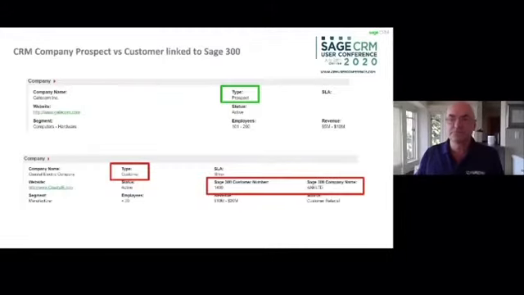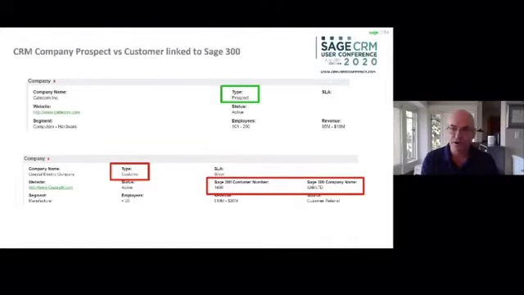First of all, real nice and simple, when you're in Sage CRM, it's very easy to tell if you have a company that is not a customer or a vendor of Sage 300 and one that is. Very, very simple. The one on the top is Gatecom Inc. We're going to use a lot of that today. The type of customer's prospect, that just means that it's not linked to Sage 300.